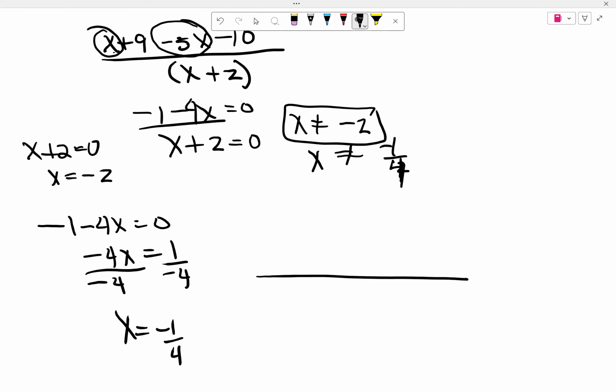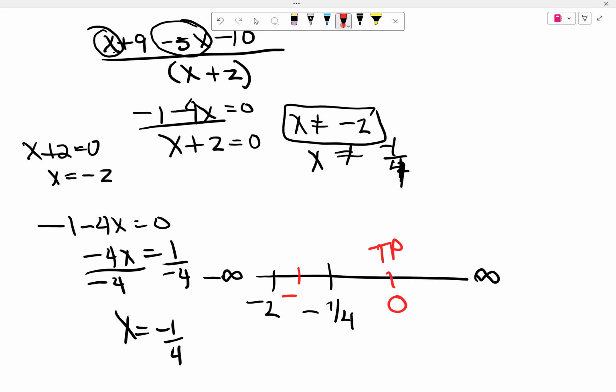Draw your number line. Here's -infinity. Here's +infinity. So here is -1/4, and here is -2. Obviously I'm going to choose a test point on this side, which is 0. I love 0 for our test point.